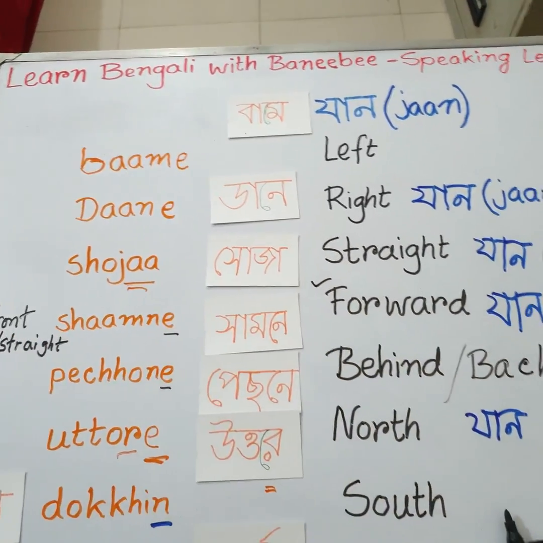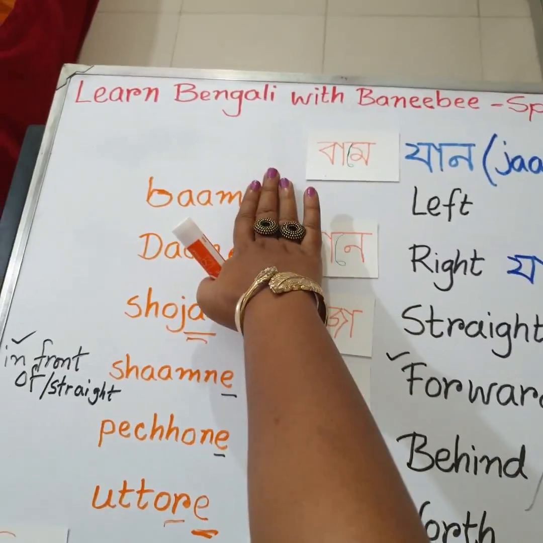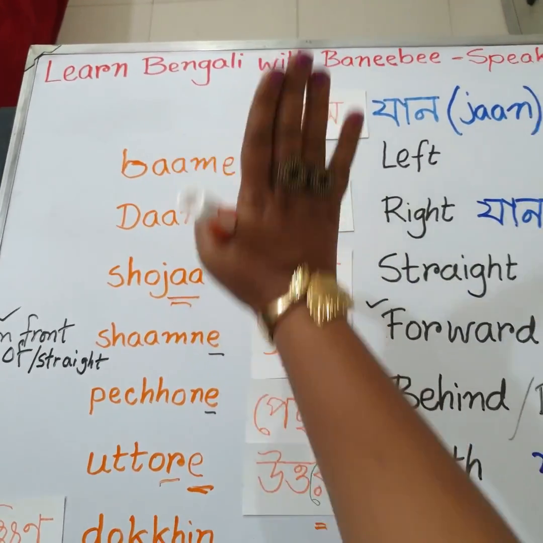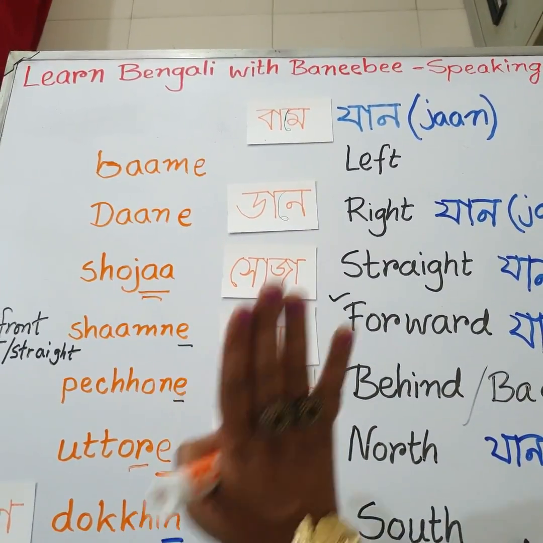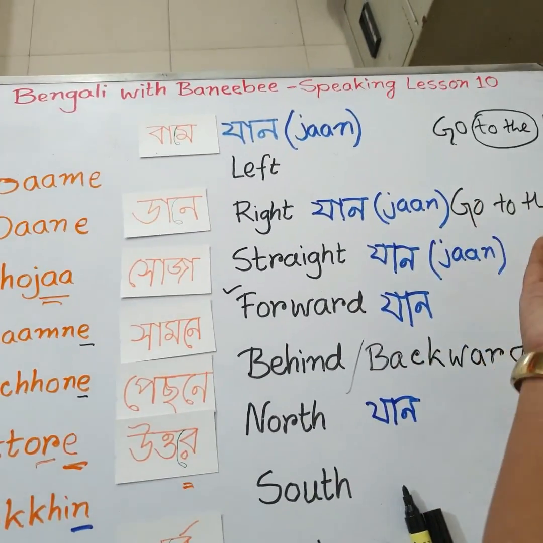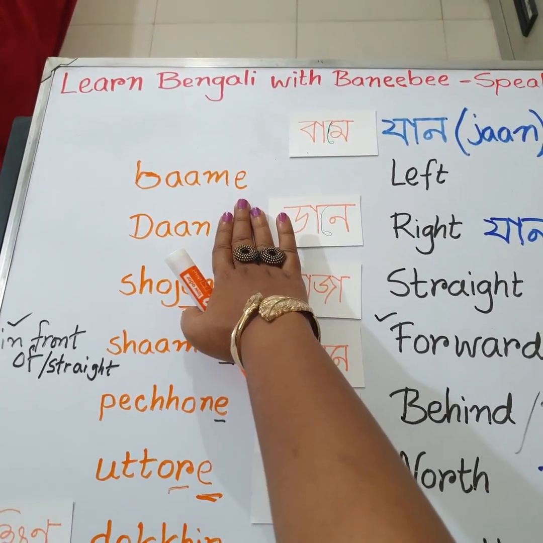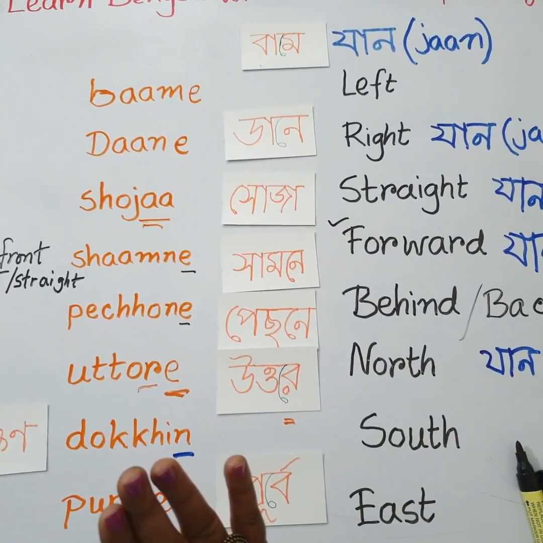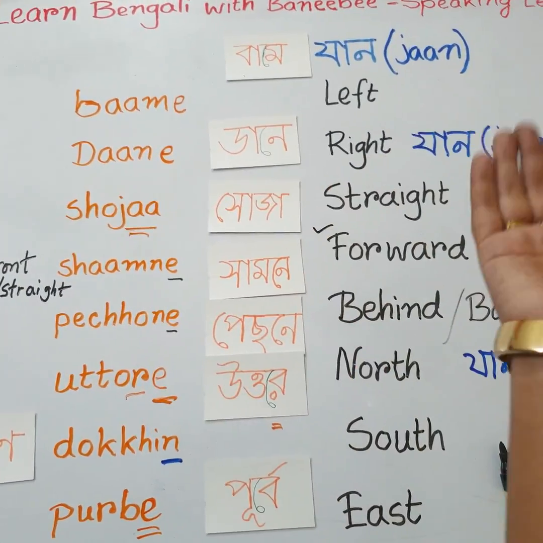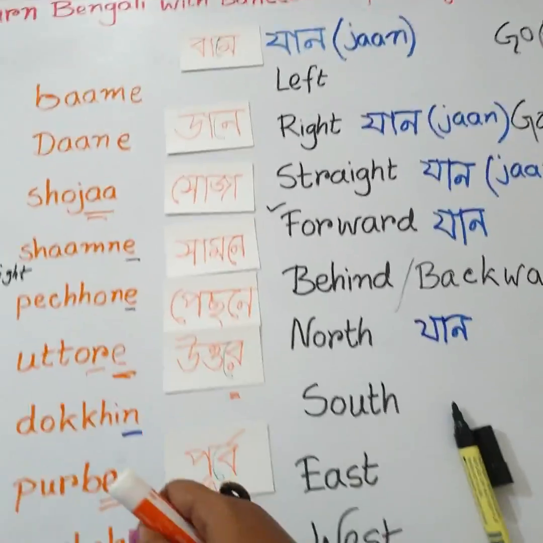So you will add this A with it. So without this A, this is just left. With this A, it is on the left or to the left. Without this A, dan is right. With this A, dane means to the right.